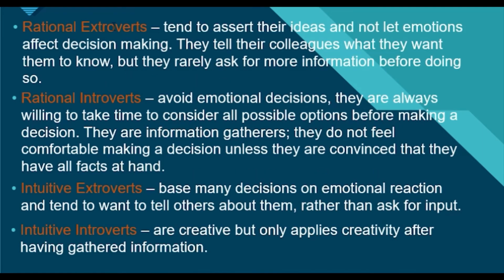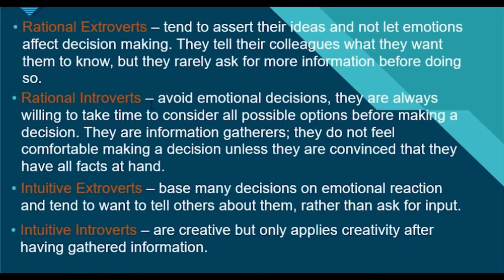Rational extroverts tend to assert their ideas and not let emotion affect decision making. They tell their colleagues what they want them to know, but they rarely ask for more information before doing so.